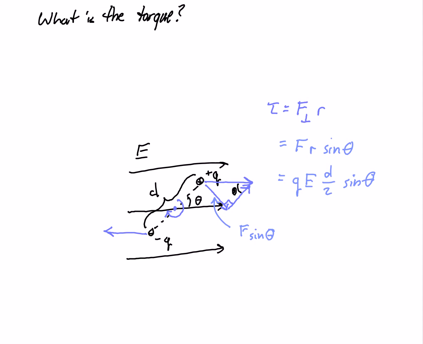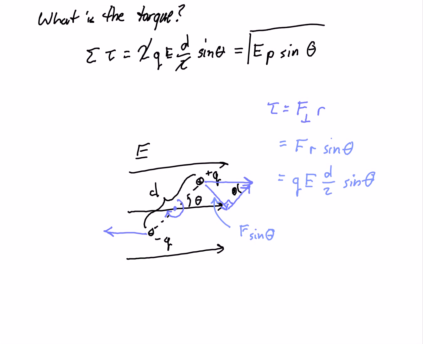So the net torque, the sum of the two torques, is 2 times qE d over 2 sine theta. The 2's cancel. Now recall that q times d is called the dipole moment, equal to P, and the answer is just E times P sine theta.